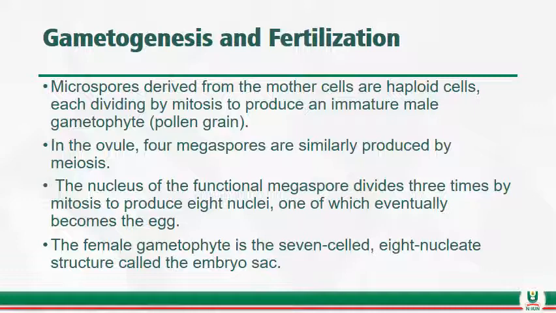Okay, so this embryo is the female gametophyte that is formed at the end of the day, and the male gametophyte form is the pollen grain. So when these 2 come together now, fertilization occurs and a miniature plant is formed, which is the plant that is formed at the end of the day.